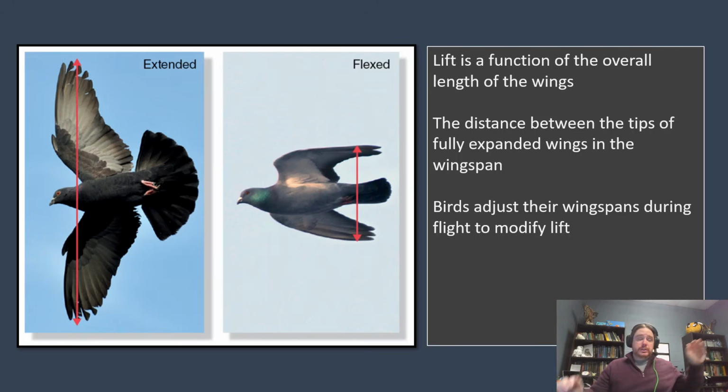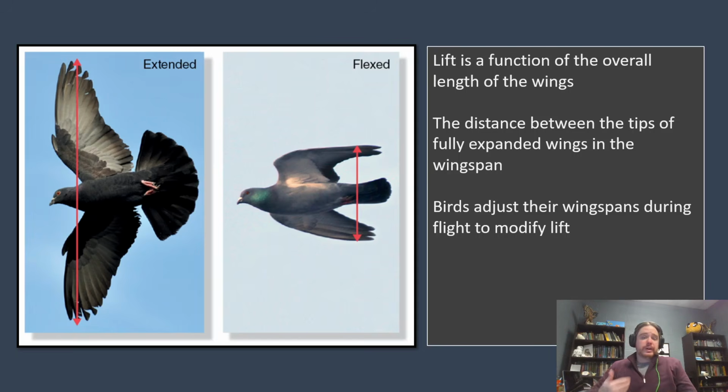And what they get is greater surface area. They're capturing more of that pressure differential created by bound circulation. And by having that greater amount of high pressure underneath the wing, they can get more lift. And so when you see birds with their wings fully outstretched like that, that's what they're doing: they're capturing bound circulation to generate lots of lift.